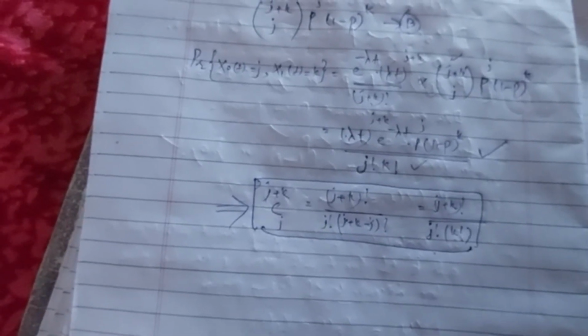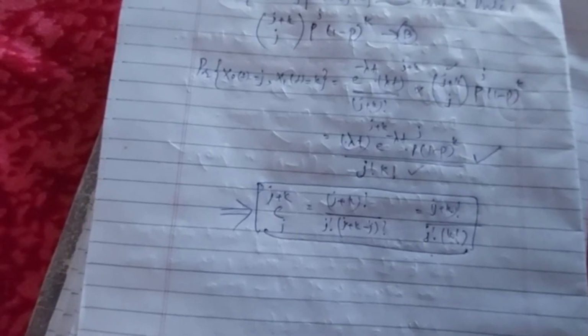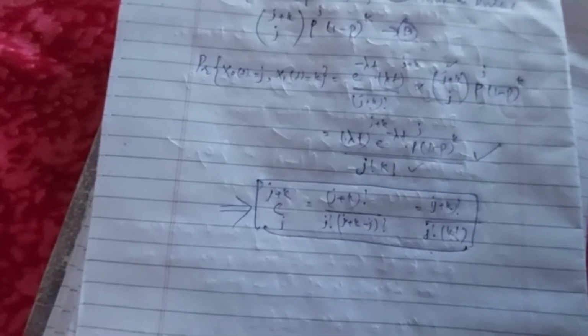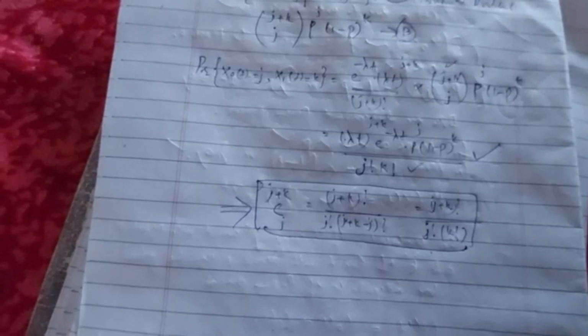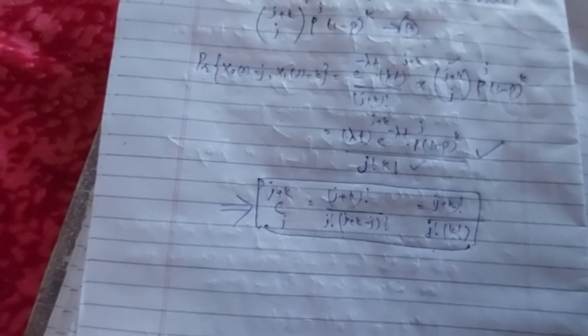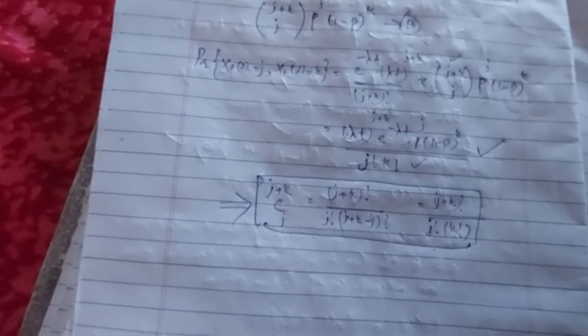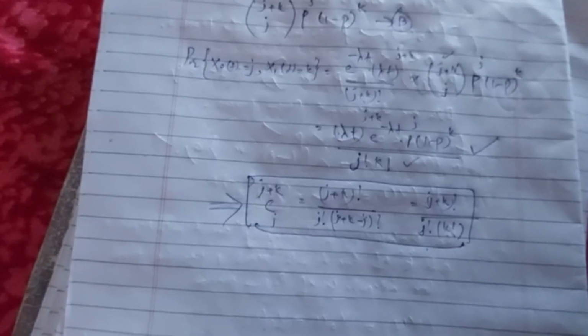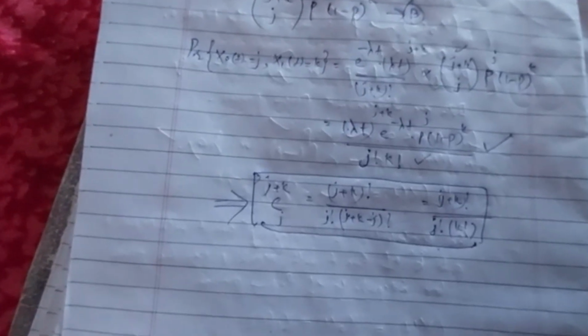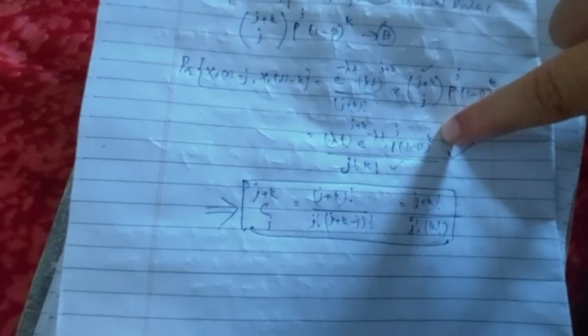For example, we have two kinds of customers, for biscuits and for cold drinks. So the probability that we get 3 customers for biscuits and 5 customers for beverages, we can find using this exact equation.